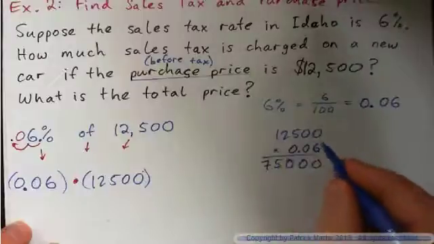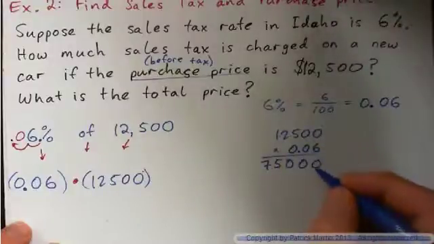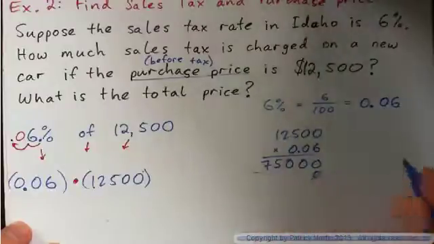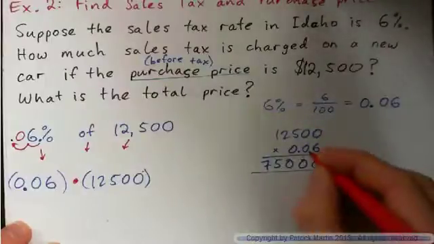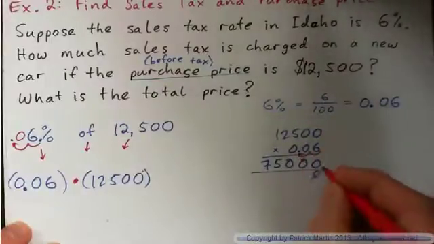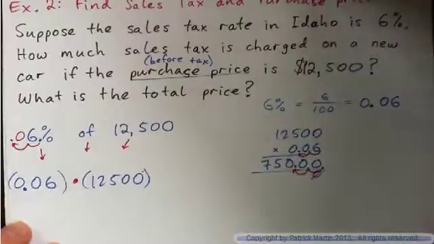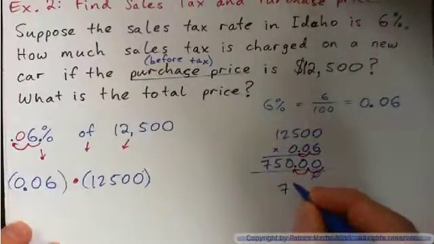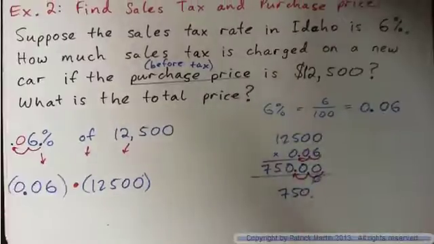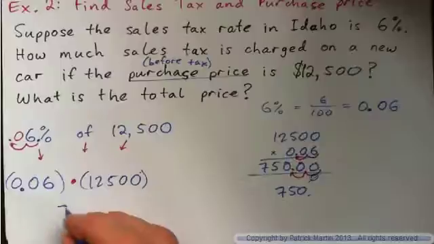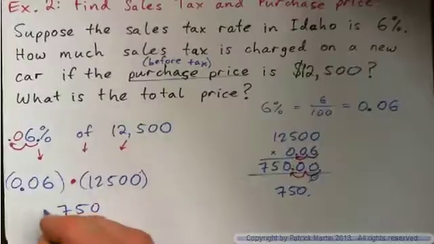I can put down a placeholder 0 and multiply by zeros, but what's the point in that? So I'm pretty much done now, right? And I have 2 decimal places in the question, so it'll be 2 in the answer. So I'm getting 750. Okay, so 0.06 times that is $750.